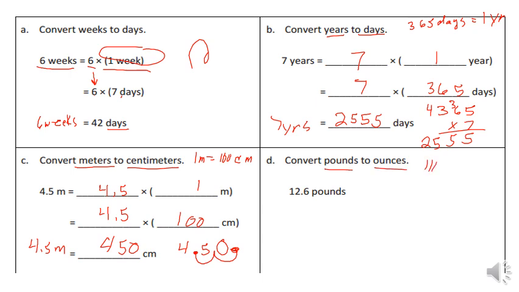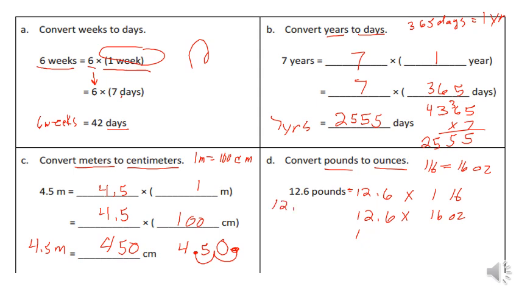For D, it says convert pounds to ounces. I know 1 pound equals 16 ounces. So when I set this up, I'm going to put 12.6 times 1 pound, and replace 1 pound with 16 ounces.